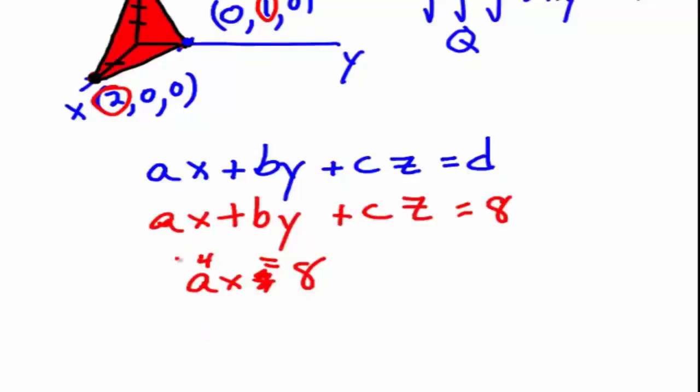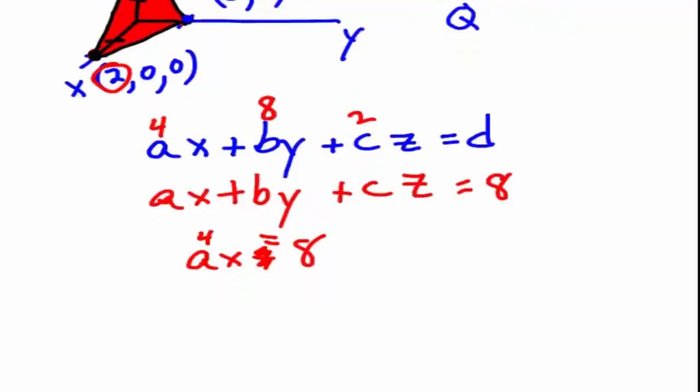So you get a = 4. In a like manner, you could plug in x = 0 and z = 0, get by = 8, which would mean b would have to equal 8 in order to get an intercept on the y-axis of 1. And then in order to get a z-intercept of 4, c would have to equal 2.